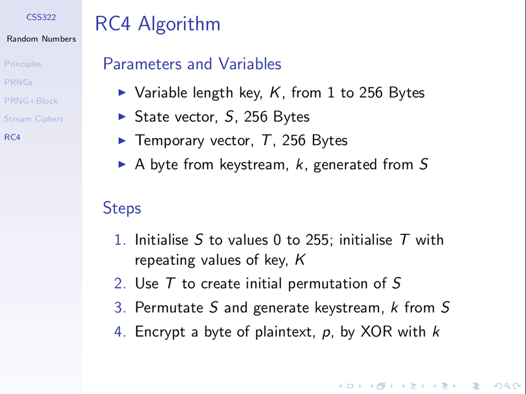So I can write S, our initialization of S. In the real RC4, it's set to values 0 up to 255. In our case, we only have 8 elements, so set it to values 0 up to 7. So that's S, our state vector to get started, an 8-element vector.